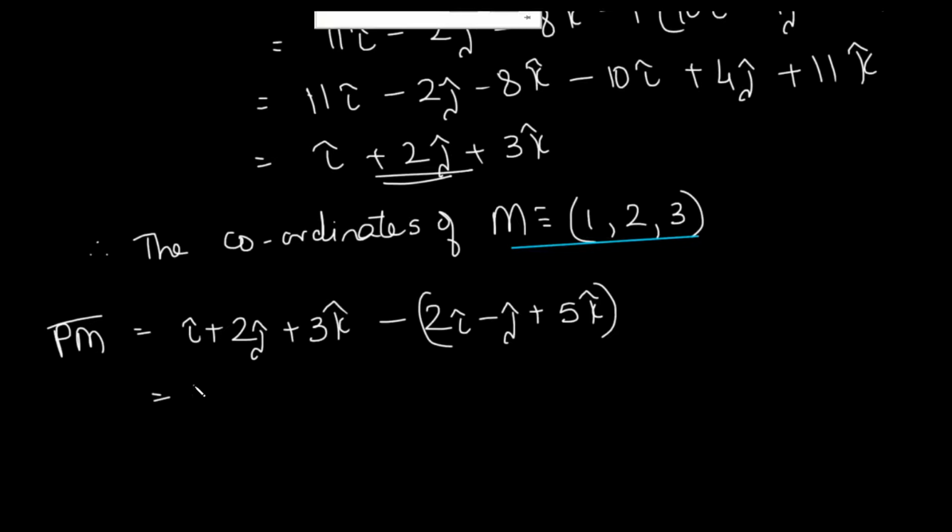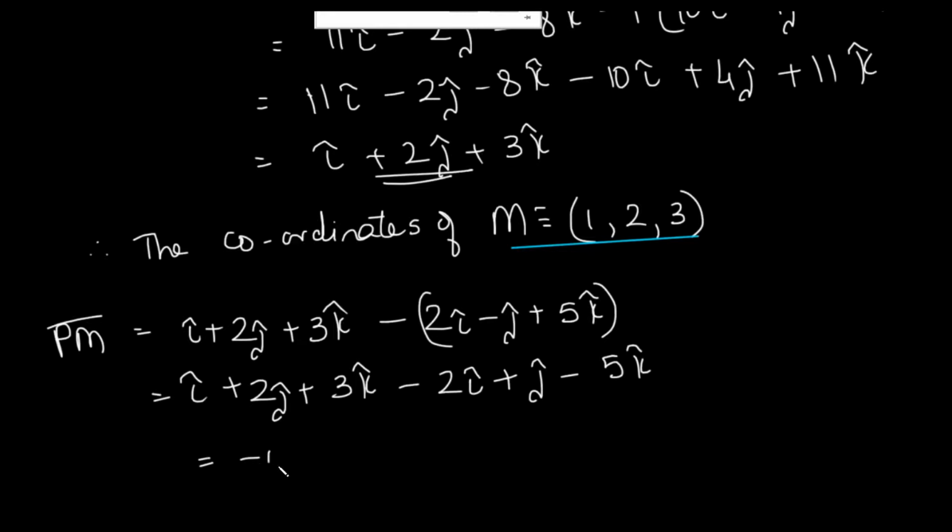So we get over here i plus 2j plus 3k minus 2i plus j minus 5k. And thus we get PM bar as minus i plus 3j minus 2k. This is PM bar.